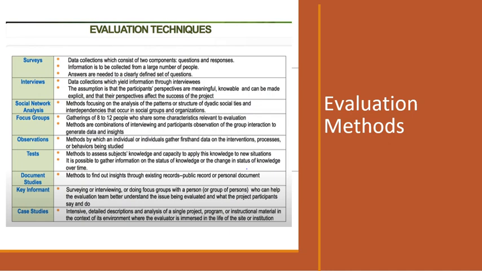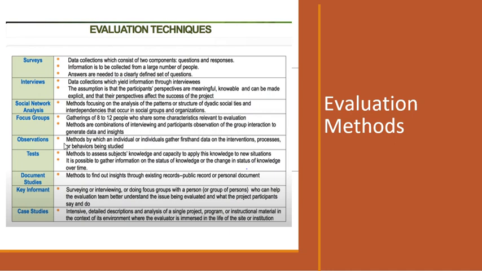The methods are combinations of interviewing and participant observation of the group interaction to generate data and insight. Cari orang yang mempunyai personality ataupun karakteristik yang sama terhadap apa yang you nak kaji, nak evaluate. Then you interview, you observe their group interaction, then you generate some data, some insight.